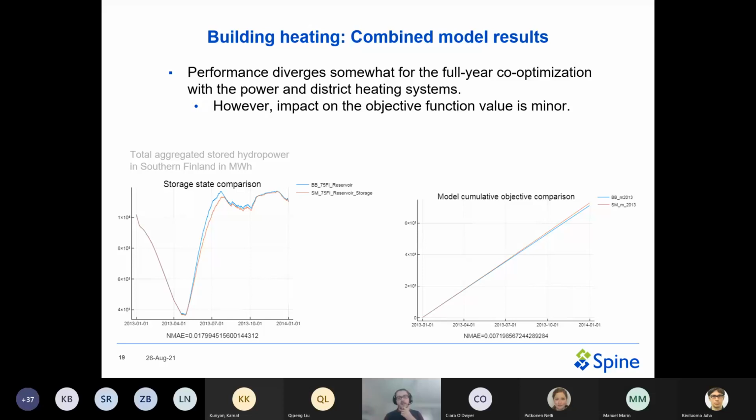You can also see that the cumulative objective functions differ slightly. Backbone had slightly better, or lower, costs over the whole year than SpineOpt, sorry. But overall, the differences were rather minor, and both models were performing reasonably.